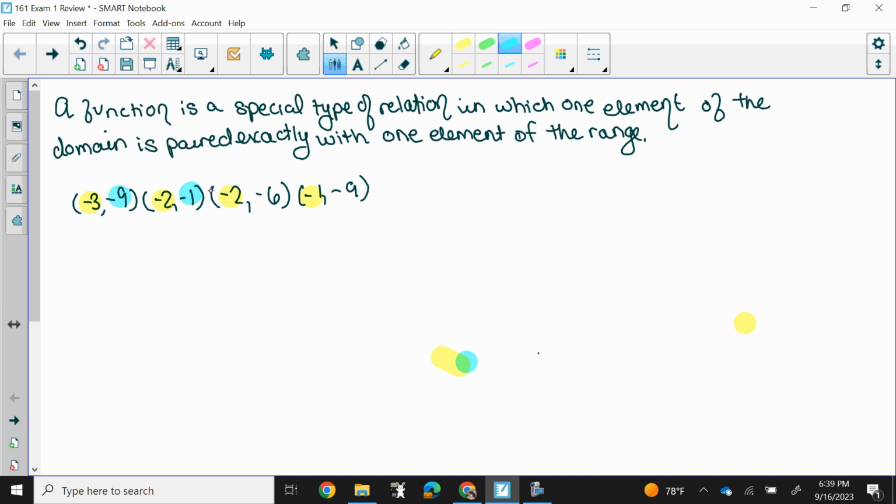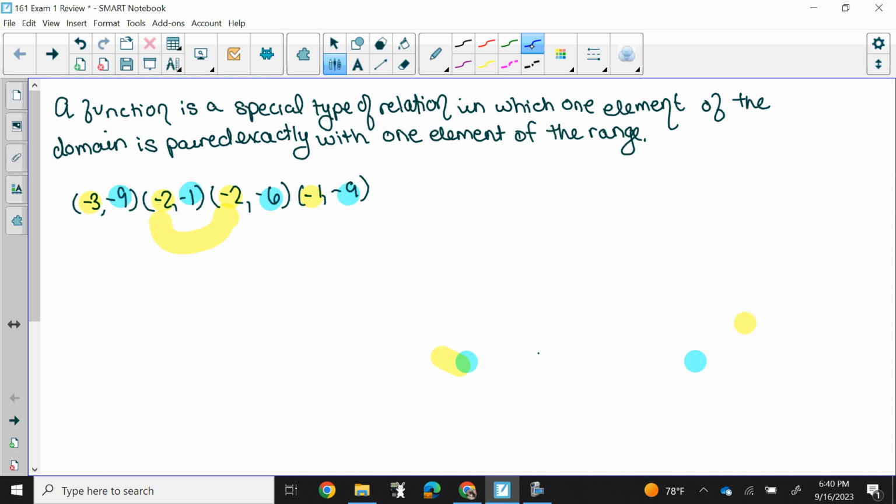All right, now here's the key thing. When you have a set of points listed, the key way to make sure that something is a function or not is to ensure that the x values do not repeat. Unfortunately, they do here, so this relation is a relation, but it is not a function. When you're looking at ordered pairs, if the x values repeat, then it is not a function.